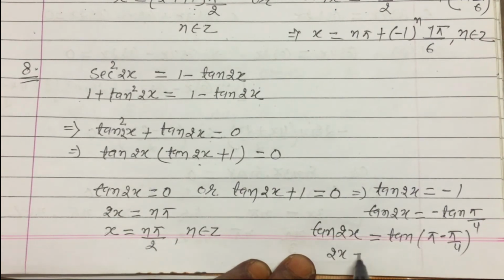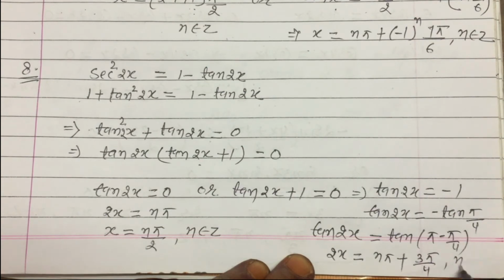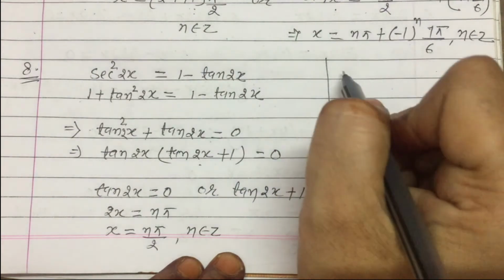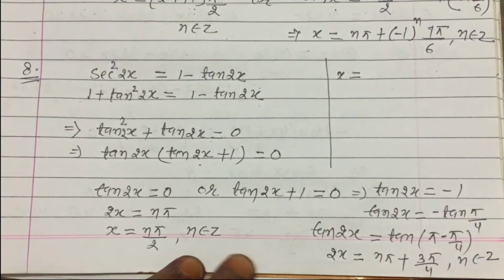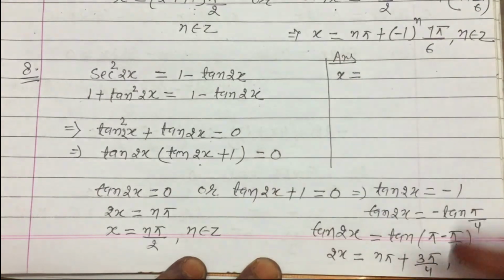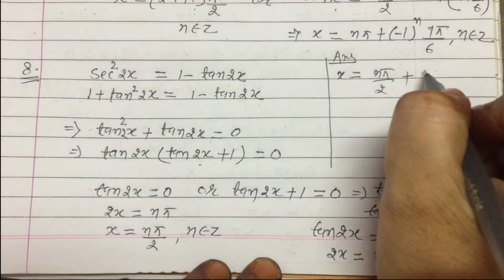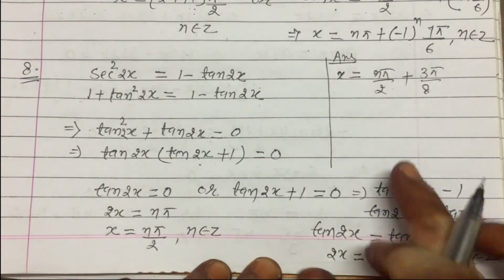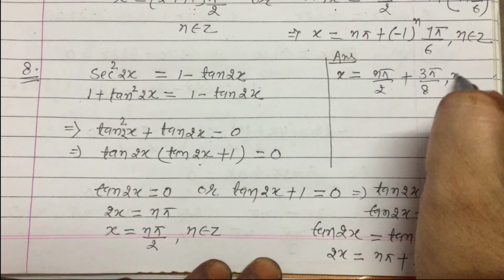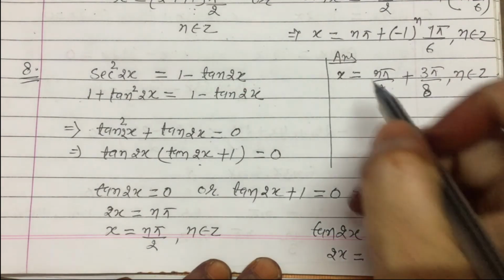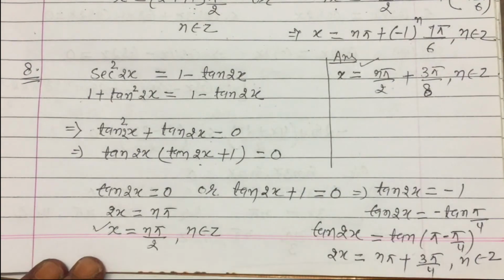So 2x is equal to n pi plus 3 pi by 4, where n belongs to z, and for the final answer you have to write x is equal to n pi by 2 plus 3 pi by 8, for n belongs to z. Two answers, this and this.